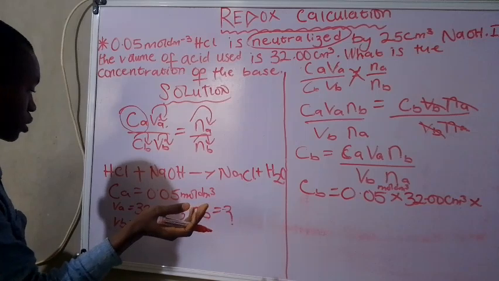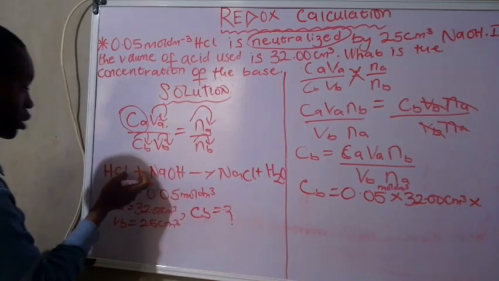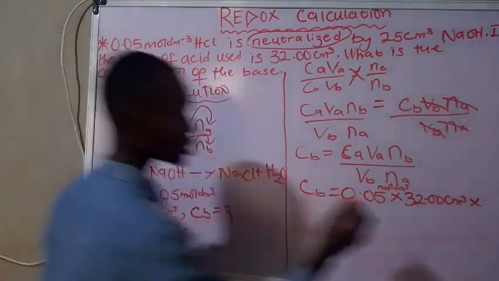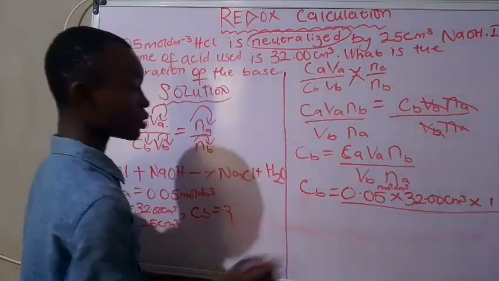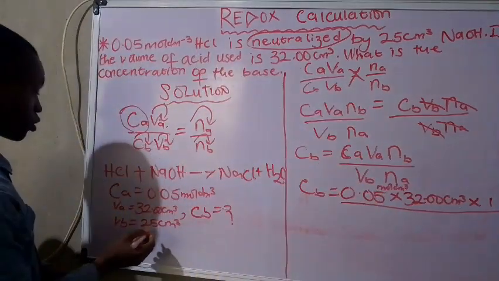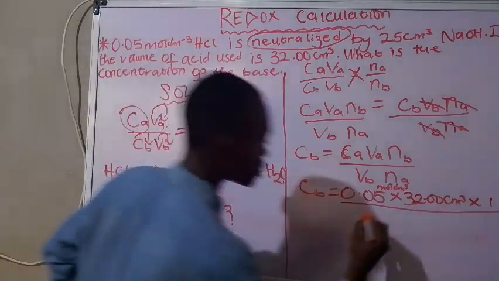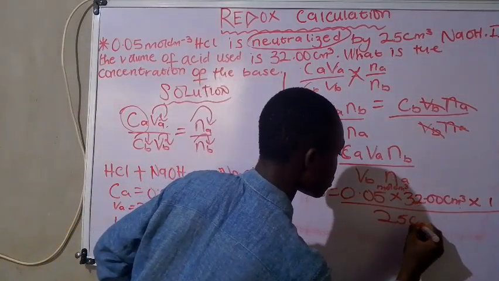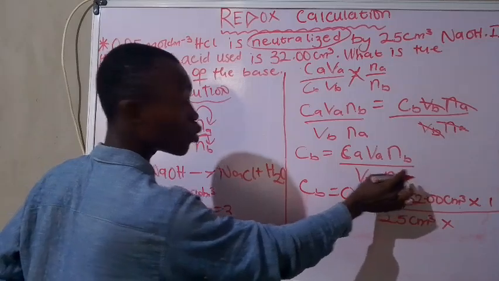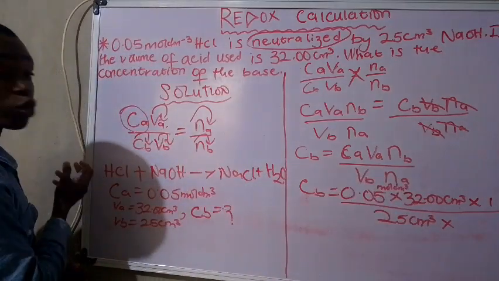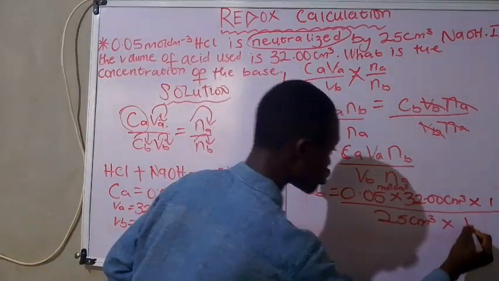There's no number of moles given, so it is 1, over the volume of the base, which is 25 cm³, times the number of moles of acid, which is also 1.